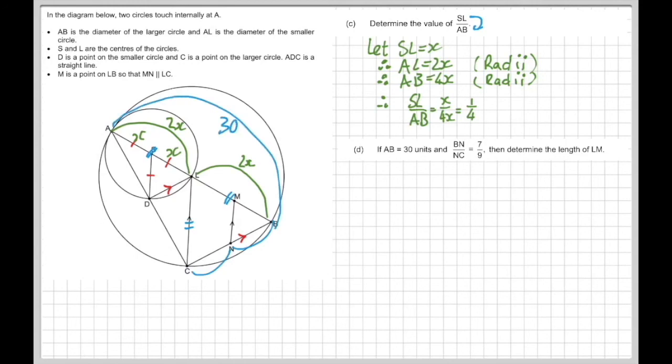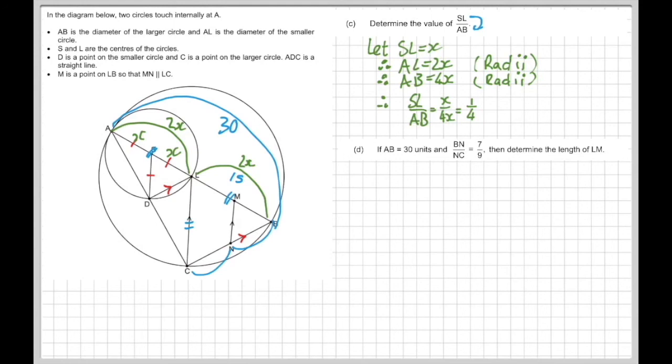AB is 30 units. I'm going to relate this down to what I previously had because I need to go towards LB. So LB is then 15 units because it's half of the big diameter.